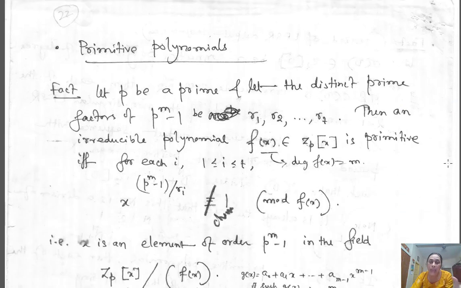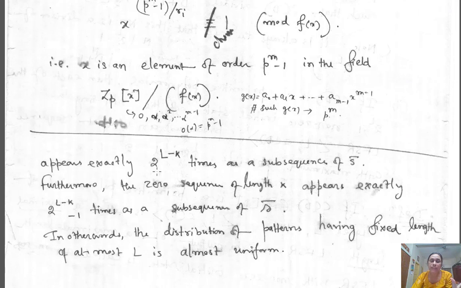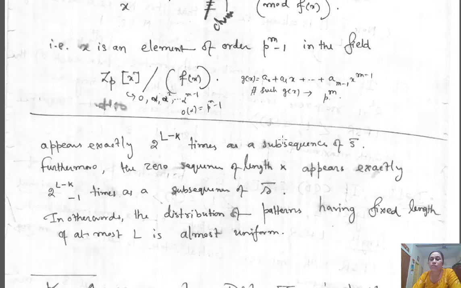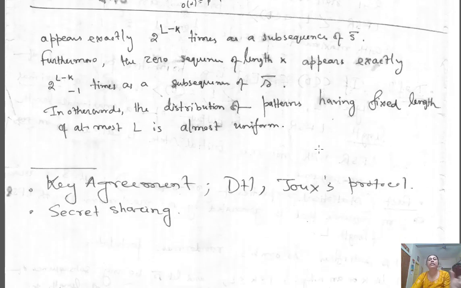That pattern will appear exactly 2 to the power L minus k times as a subsequence of S bar. So this is the feature that M sequences exhibit: how many times a particular pattern will come.